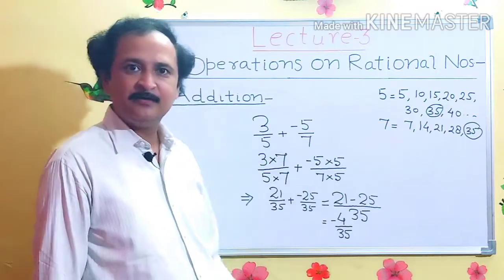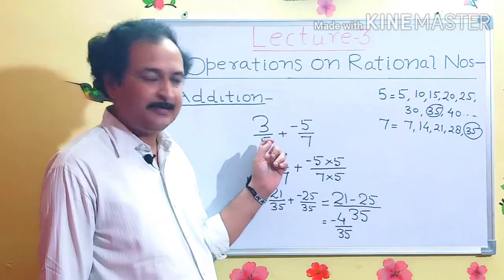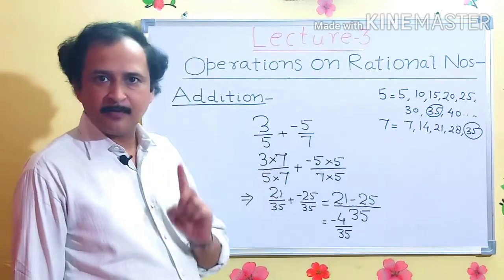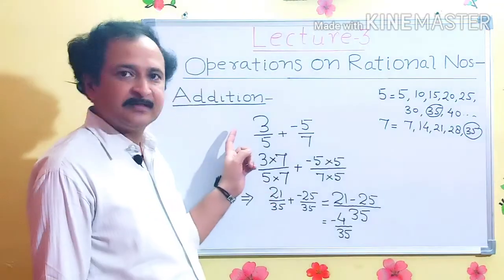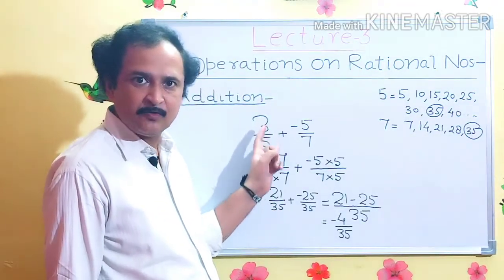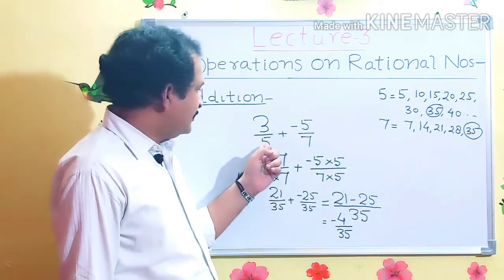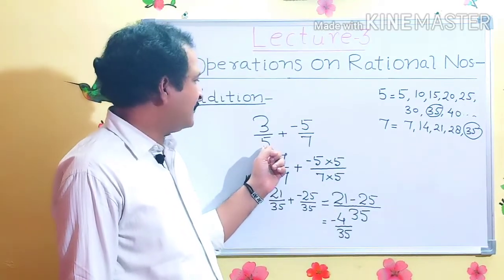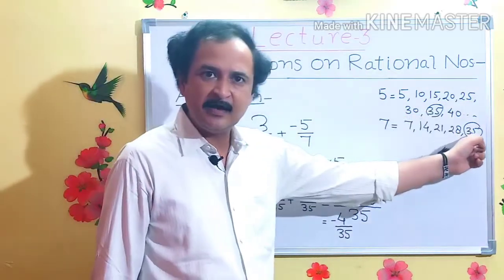What is the procedure to add two rational numbers whose denominators are different? Find out the common multiple of the denominators, then convert to the equivalent rational numbers of the given rational numbers. For example, here 5 and 7 are the denominators, so 35 is the LCM.